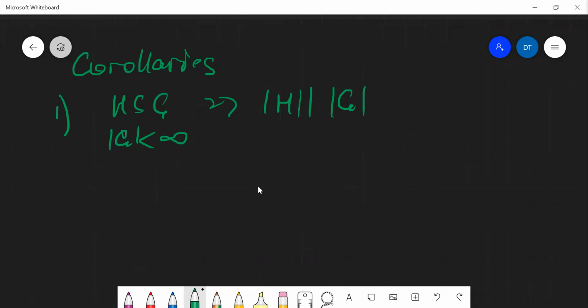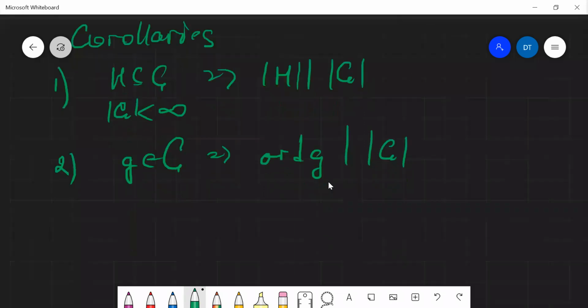The next claim is a bit more interesting. If we have an element of a finite group, then its order divides the order of the group. For example, if you have a group of order 18, you may not find an element of order 5 inside because 5 doesn't divide 18.